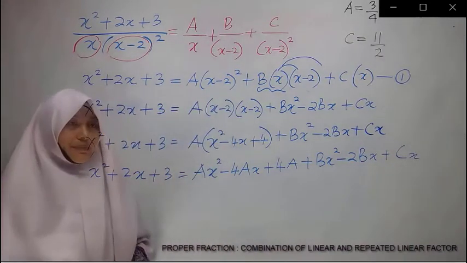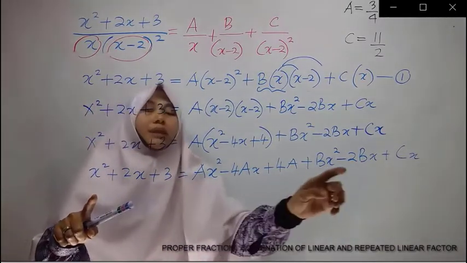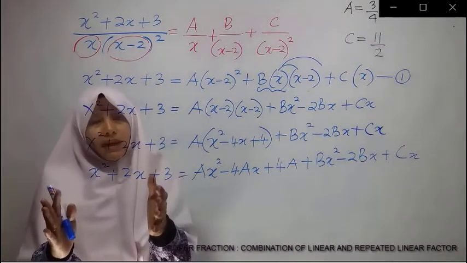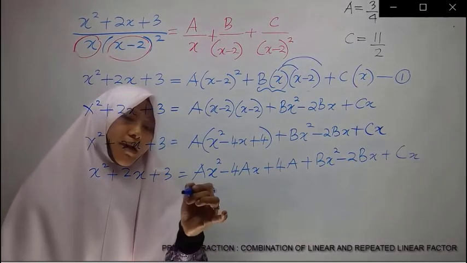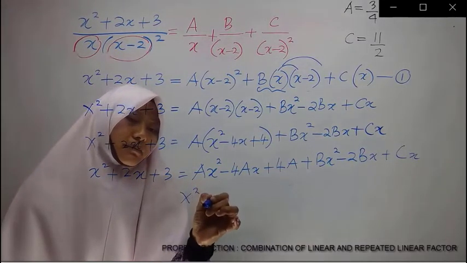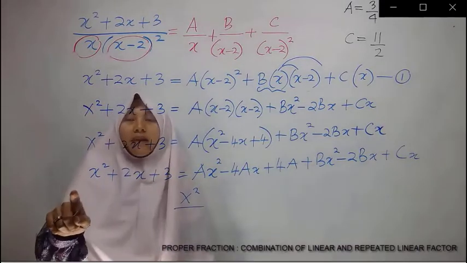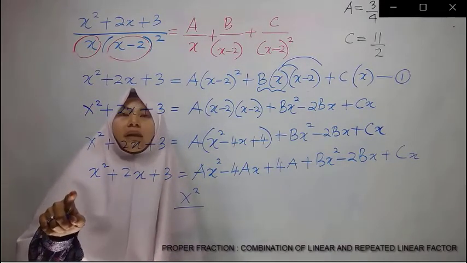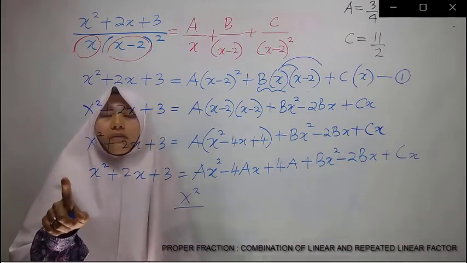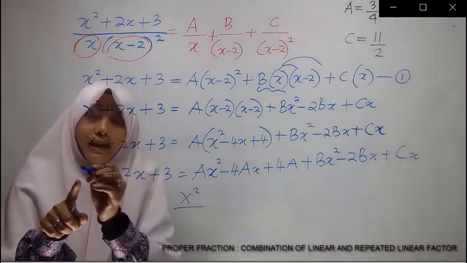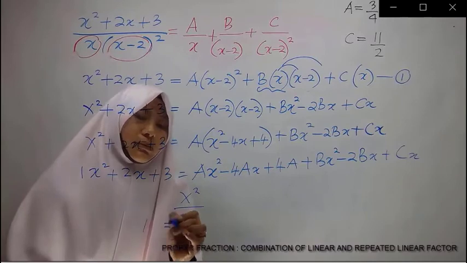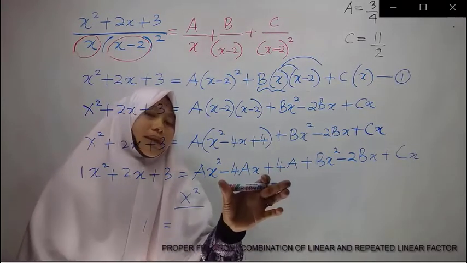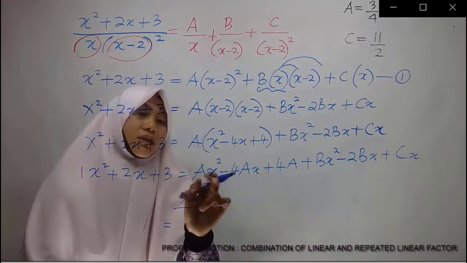Now, if you see the equation here, we have left hand side and right hand side. Let's say we want to compare x squared. So write down x squared here. Now, in the left hand side, take out the coefficient of x squared. That means this is 1 here. So write 1 here and equals, so we take only the coefficient of x squared.